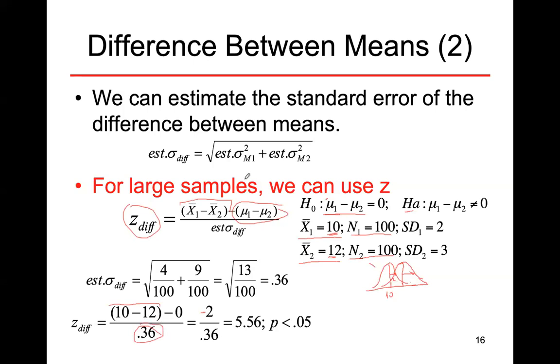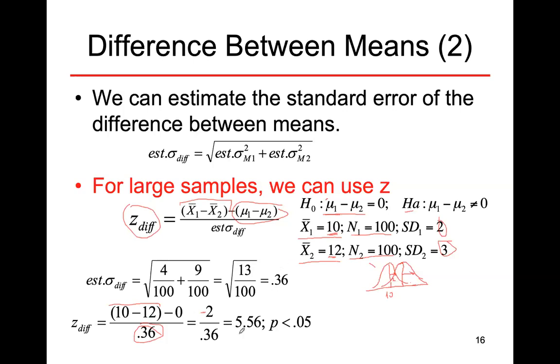Coming from my standard deviation estimations, which is square of this divided by sample plus square of this divided by sample size, equal to 13 divided by 100 square root, which is 0.36.